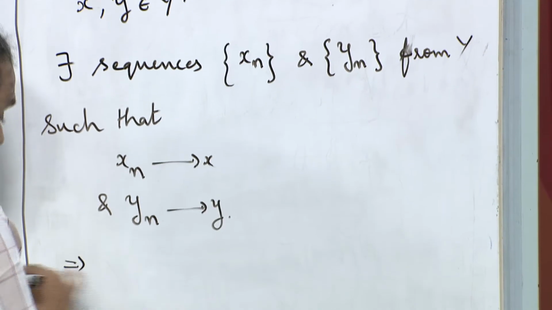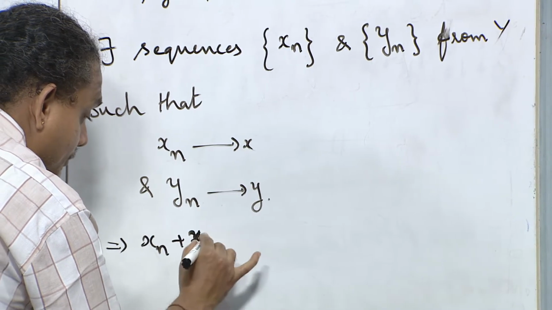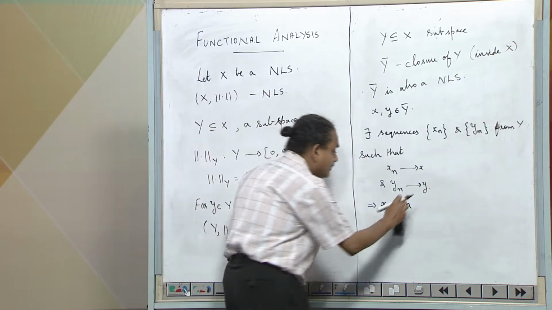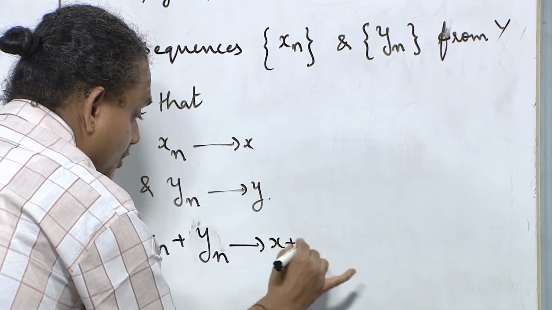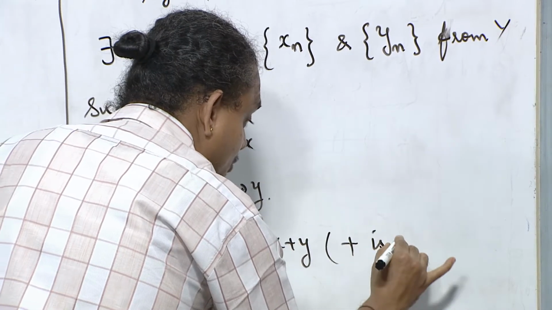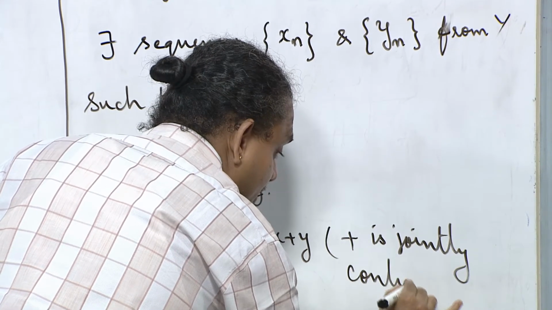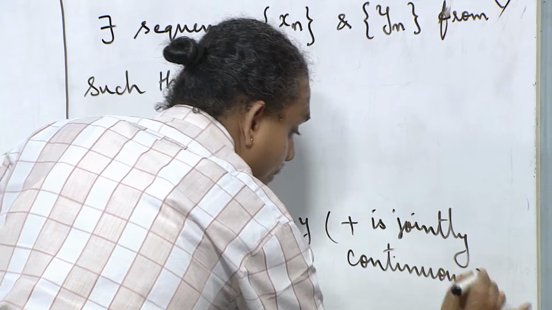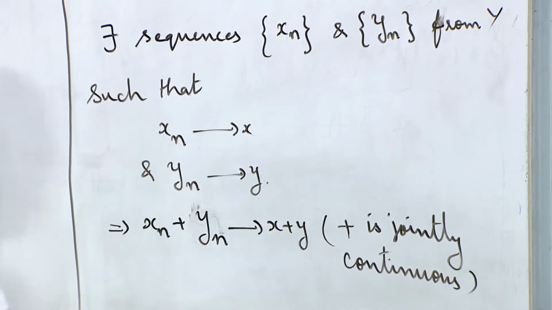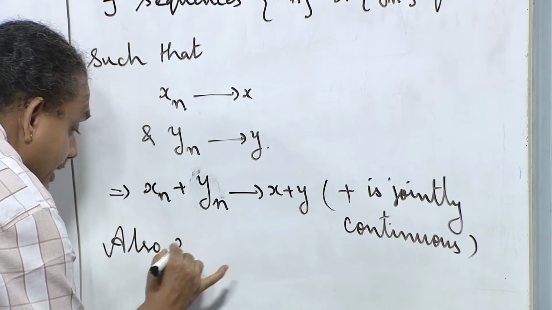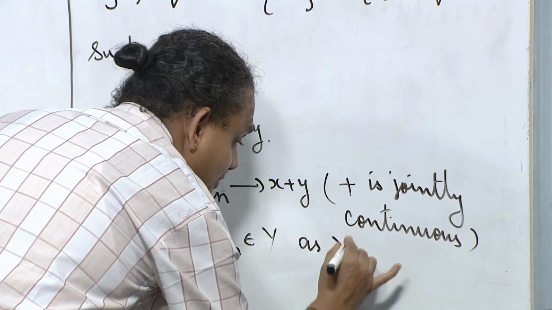In the first lecture, if you remember, we saw that addition and scalar multiplication are in fact jointly continuous. Therefore, x_n plus y_n will converge to x plus y, because plus is jointly continuous. Now, this x_n plus y_n belongs to Y as Y is a subspace.